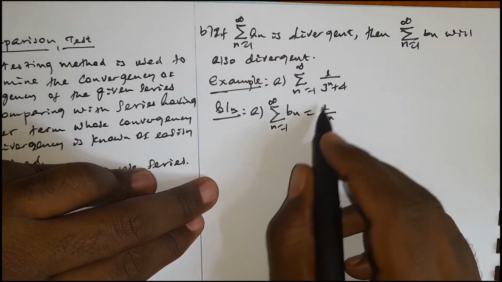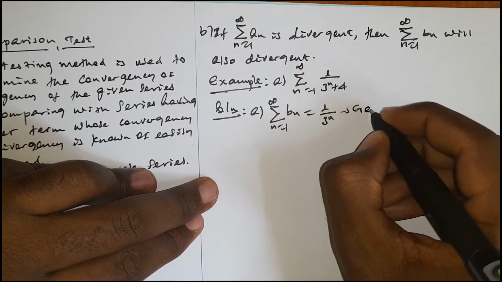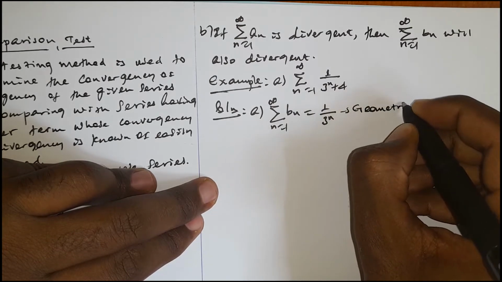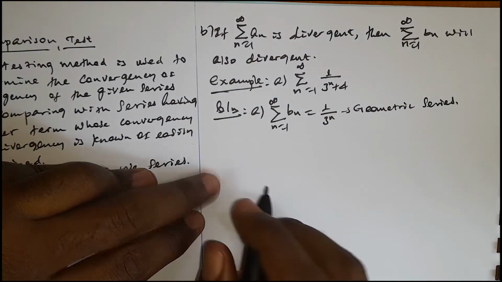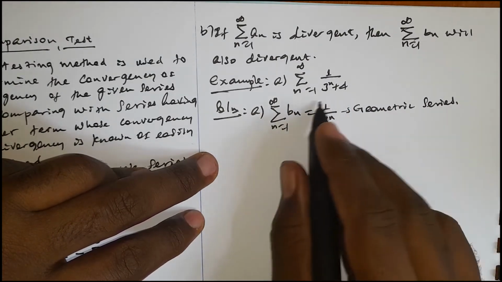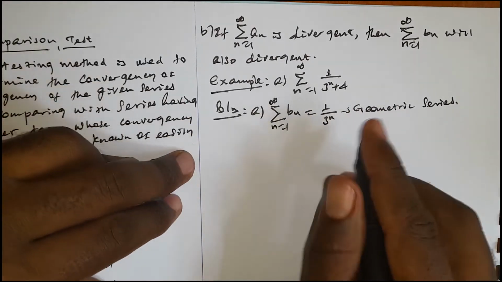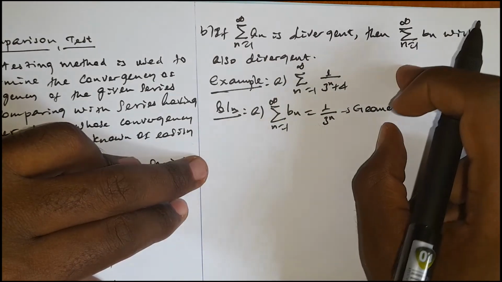So this series is a geometric series, so we can simply identify the convergence or divergence of a geometric series.